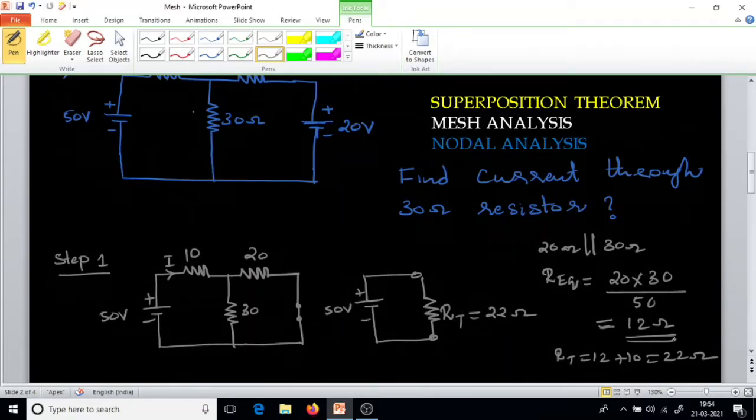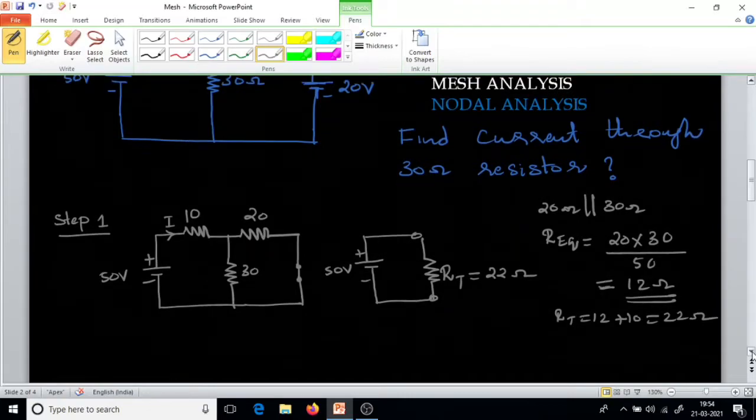Now what is the current flowing through this circuit? We'll apply Ohm's law. I equals 50 upon 22, which is 2.272 amps.